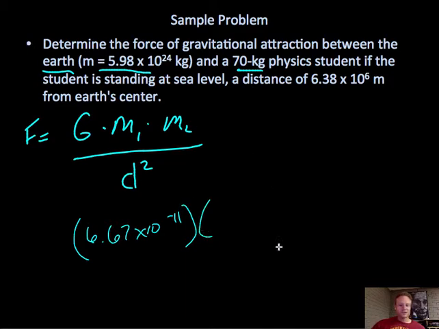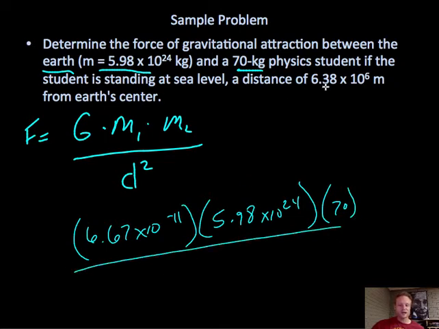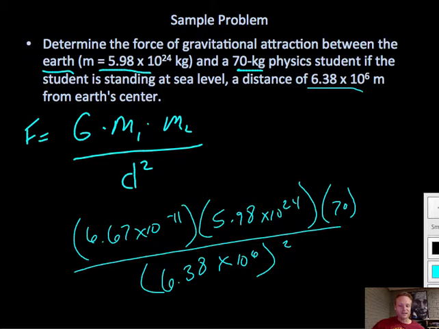Times the mass of the Earth, 5.98 times 10 to the 24th kilograms, times the mass of the physics student, 70 kilograms, all over the distance squared. The distance from the Earth's center at sea level is 6.38 times 10 to the 6th meters, and that is squared. Don't forget to do that. That is something I see a lot of people make mistakes on.